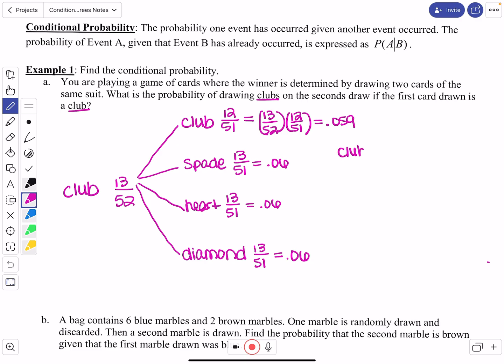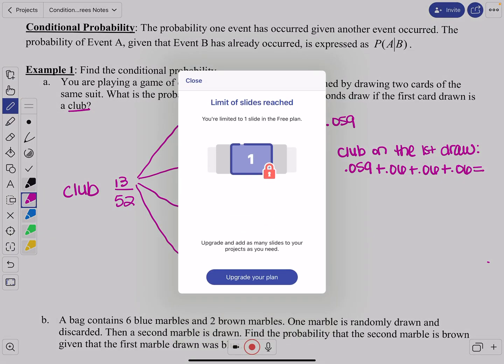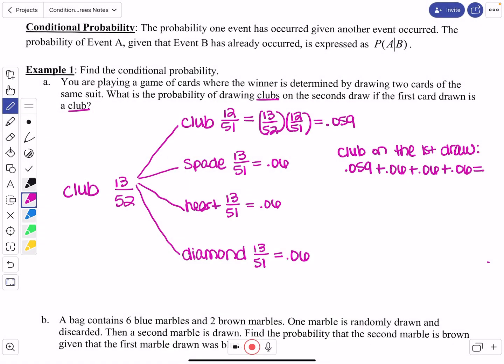So a club on the first draw can happen those 4 ways, and we want to add up all those probabilities. We would do 0.059 plus 0.06 plus 0.06 plus 0.06, and that is going to equal 0.239.